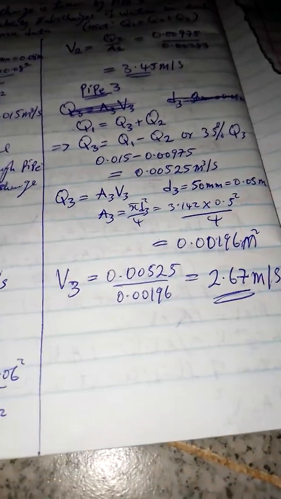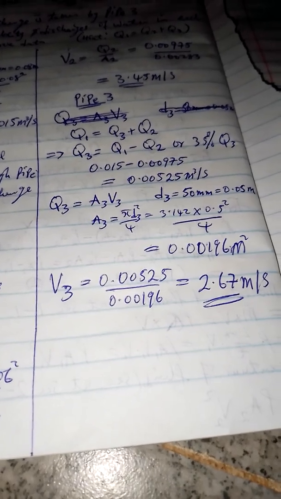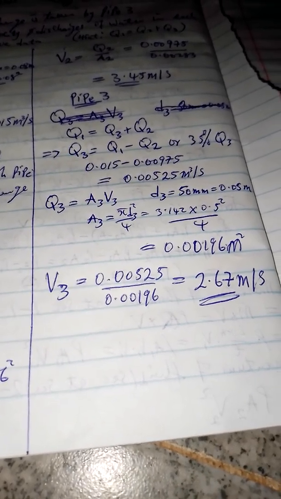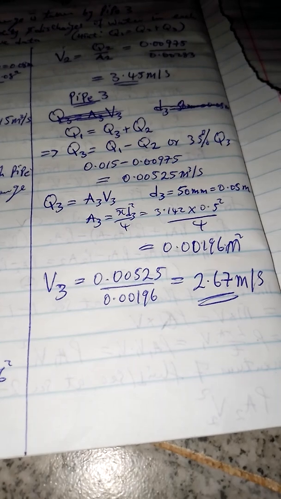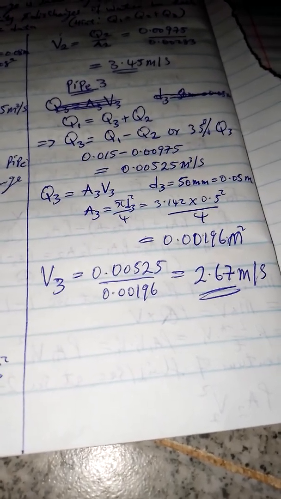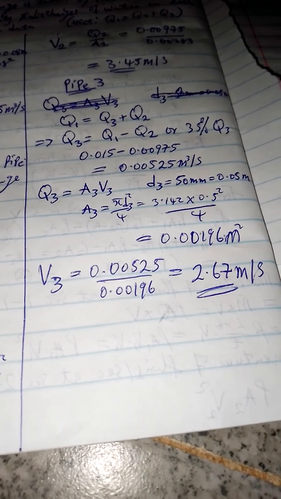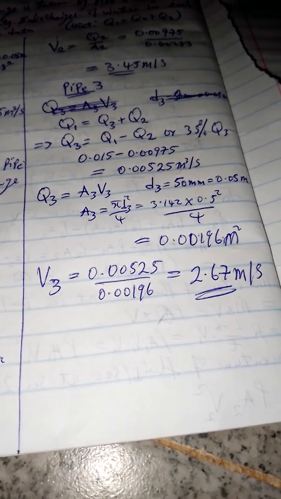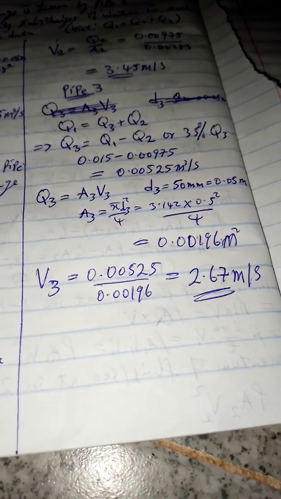You solve for the velocity, which is Q3 over A3. So you have 0.00525 over 0.00196, which will now give us 2.67 meter per second.